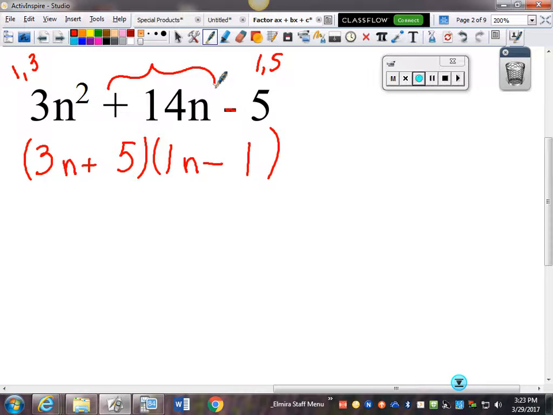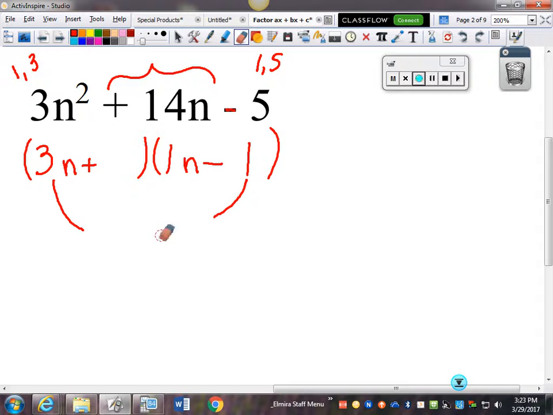I'm not going to fully double distribute this. I'm just going to do the parts that give me the middle term. The plus 5 times the 1n is plus 5n, and the 3n and the minus 1 makes minus 3n. If I combine those, would that be plus 14n? Ooh, no, it's not. I've gotten an error, that's why this is called trial and error. That did not work.